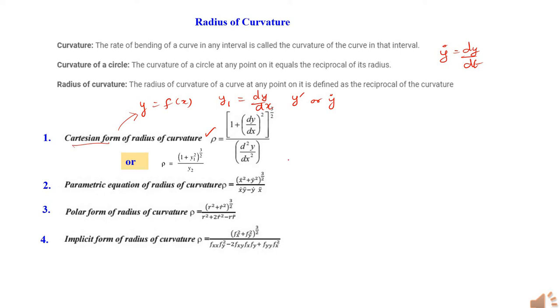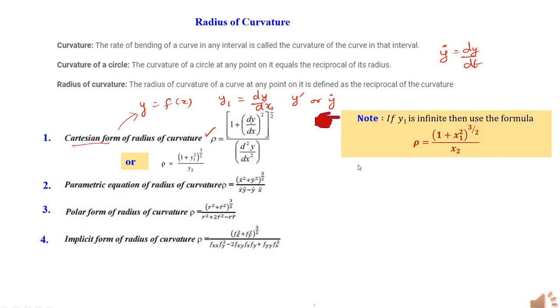Now, just to recollect what we have already done, in the following few slides we have recalled the Cartesian form of radius of curvature when you are given y is equal to f of x, when you are given the implicit form f of x y is equal to 0, and when you are given the parametric form of the equation of the curve. Accepting what is given in the note, rho is equal to (1 plus x1 square) whole thing raised to 3 by 2 by x2.